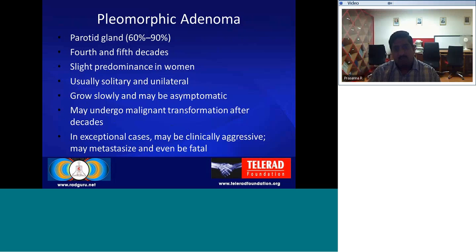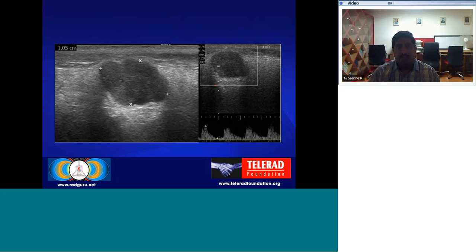But there is a potential of malignant transformation after a few decades. And in a few exceptional cases, it can be aggressive, where it can metastasize and even be fatal. But a very small percentage can still have this potential to metastasize and be fatal.